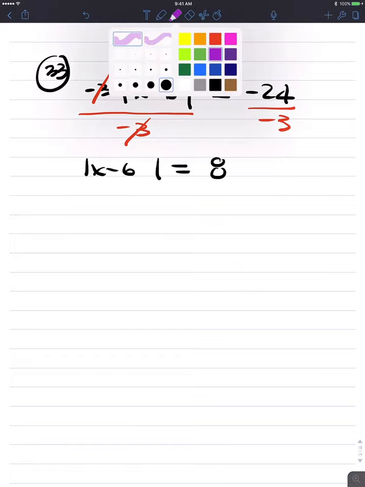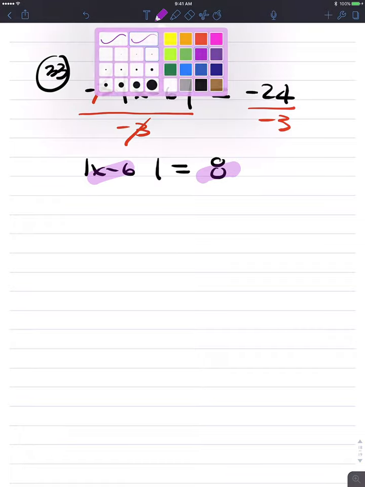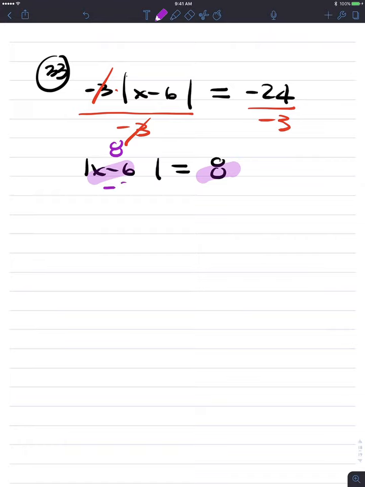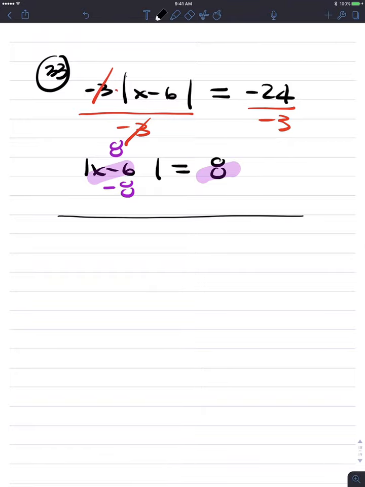We're now going to apply the fact that I have an absolute value equal to a positive number. I have x minus 6 in one case is positive 8, and in the other case is negative 8, because the absolute value of both of these numbers is positive 8.